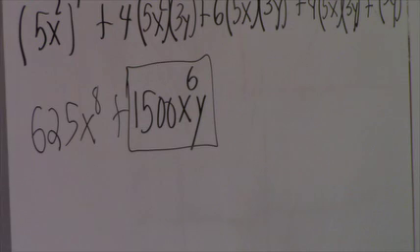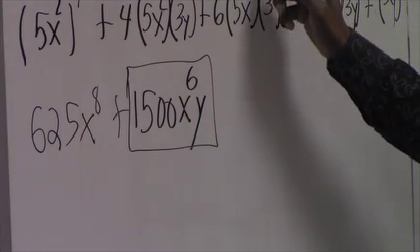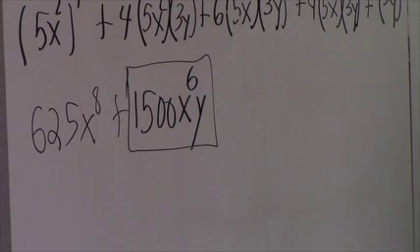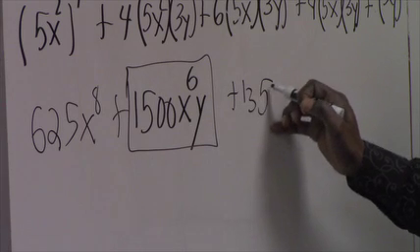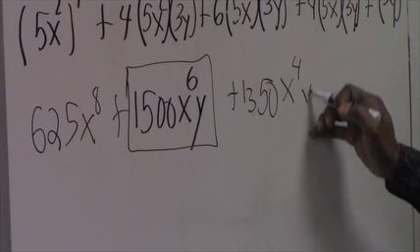But like I said, that's going to be the second term. But I'm going to continue to do this. So then I have 5x squared, squared. 5 squared is 25. 25 times 6 is going to be 150. 150 times 9 is going to be 1,350 x to the fourth y squared.